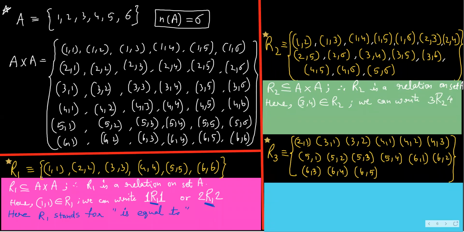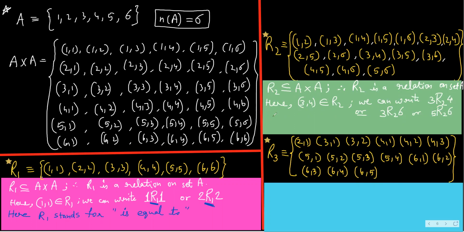Or for that matter you could write 3 R2 6, because 3 comma 6 is also an element of R2. You could write 5 R2 6. And remember students, there is something very interesting I'm going to write.